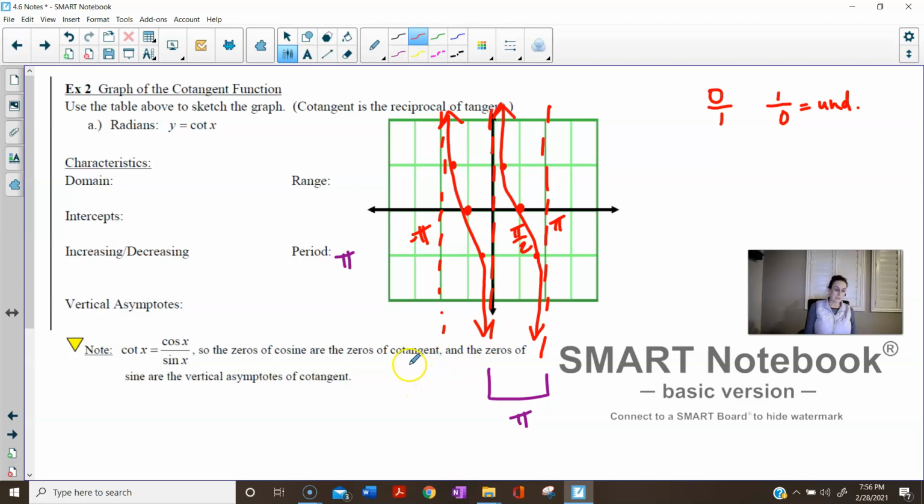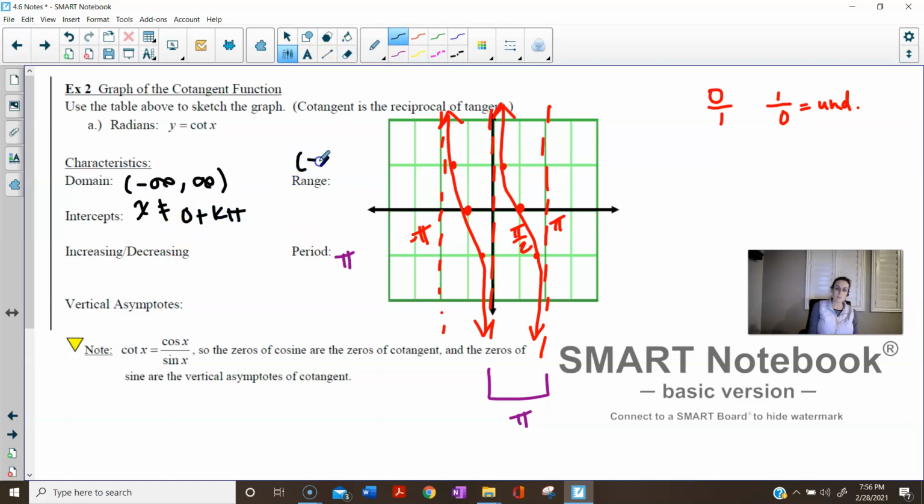So the domain, we're looking at the domain as being all real numbers again, except for where we have those asymptotes. So x cannot equal pi, or you could even do 0 plus k pi. That might even look better than pi plus k pi. It doesn't really matter, but I would do 0 plus k pi.